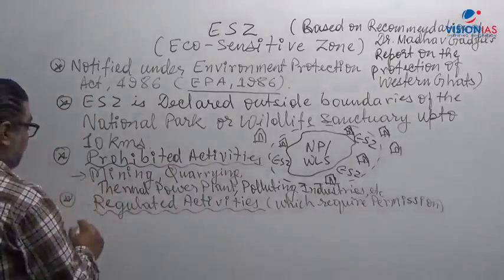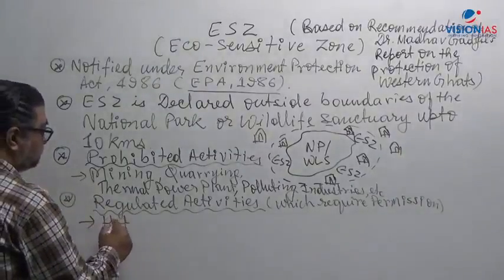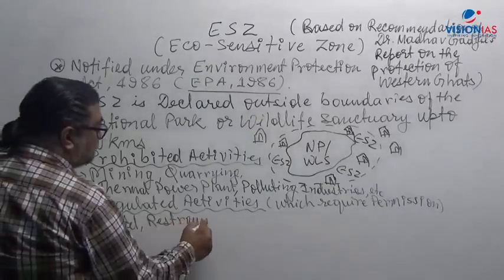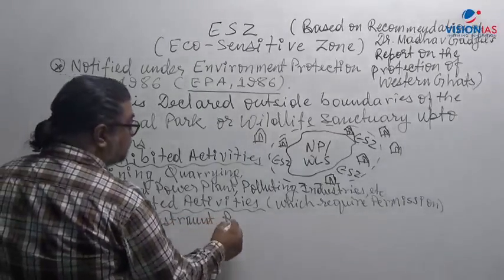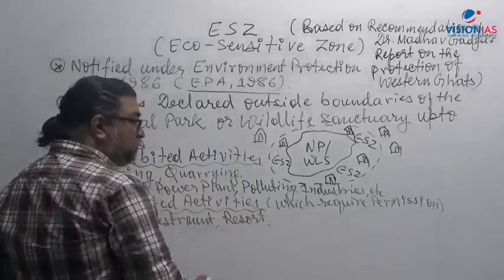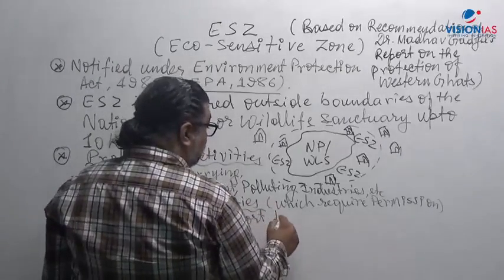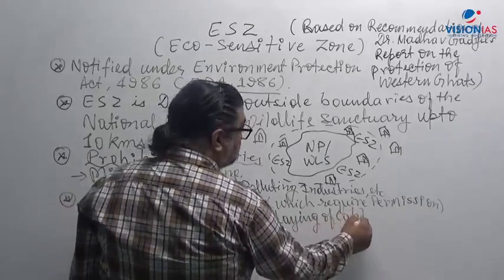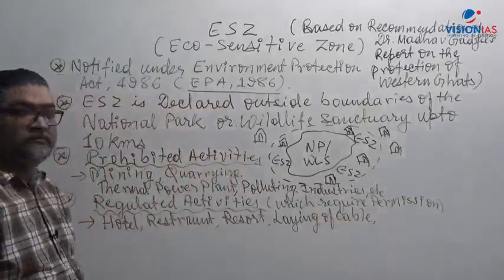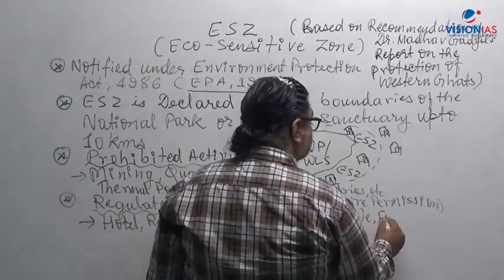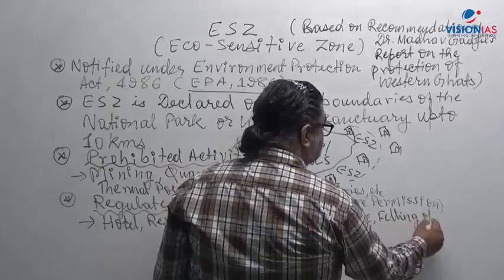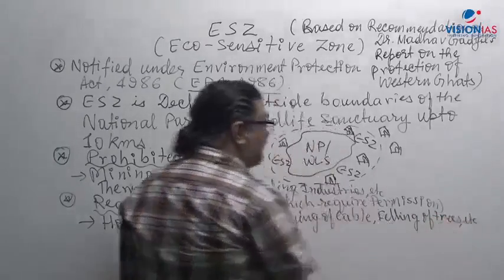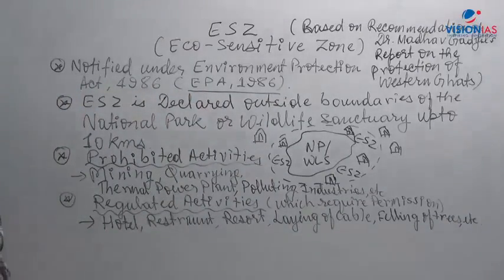So here the activities are like hotels, restaurants, then resorts, right? Then laying of wires, laying of cables, felling of trees. You require permission for that, right?